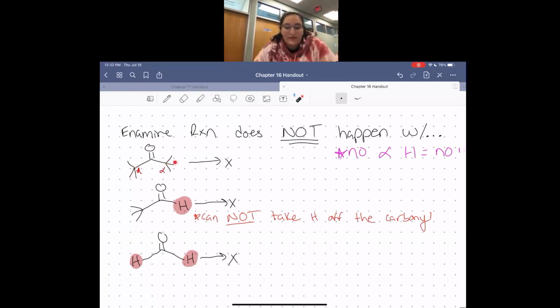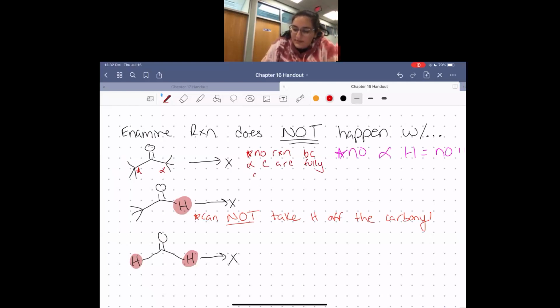If this was a hydrogen instead of a carbon, it would work, but since there are three methyl groups, there are no hydrogens present, therefore it can't happen. So I'll write no reaction because alpha carbons are fully substituted.